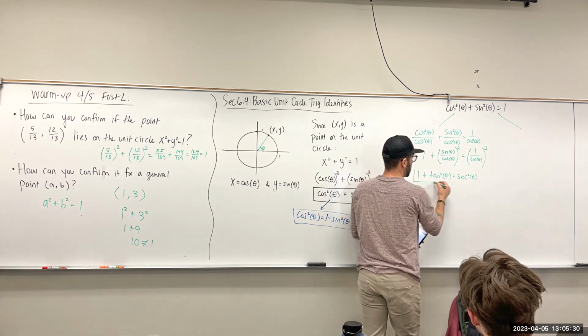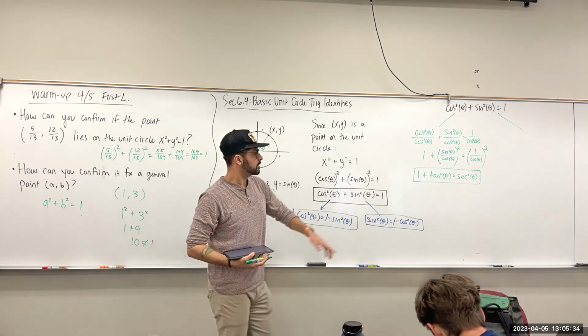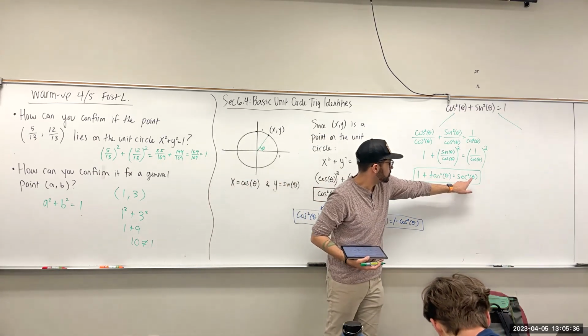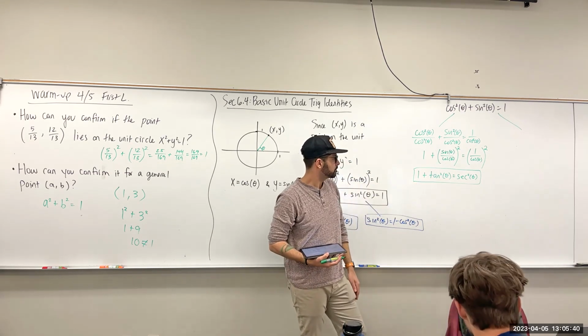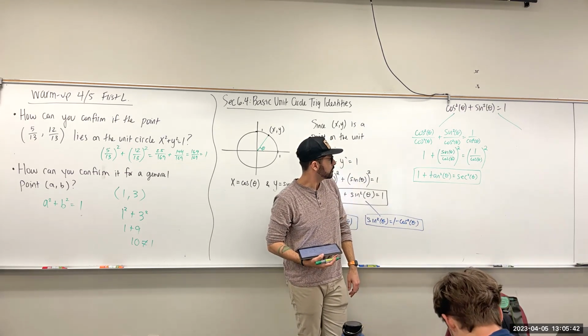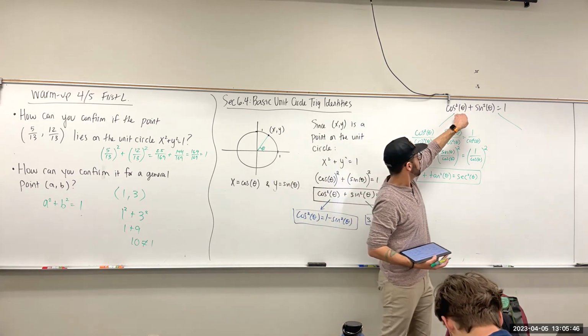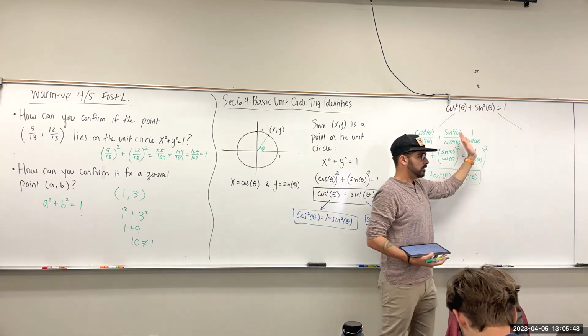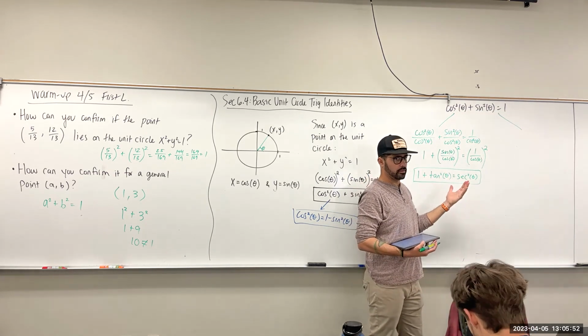And so now we have another trig identity where I can rewrite secant squared in terms of 1 plus tangent squared. So by dividing everything by cosine squared, I got this identity. What else could we have divided it by?